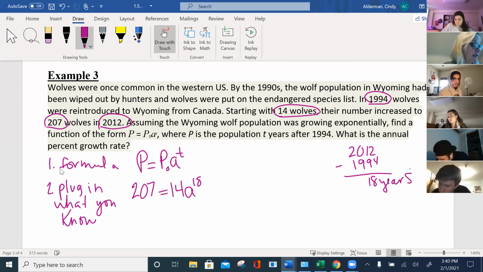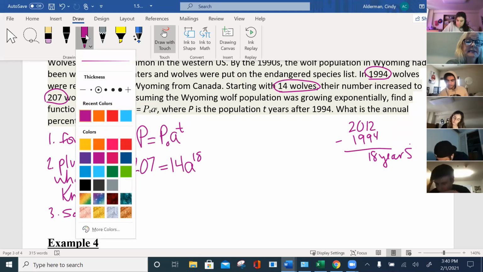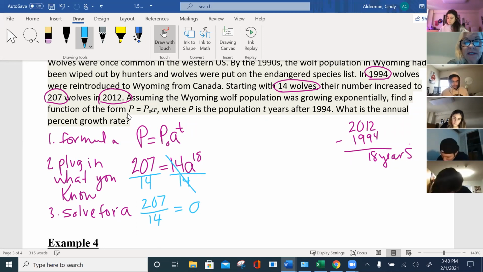Okay, so we plug in what you know. Then you're going to solve for A. So let's see, let's use our color coding here. Divide both sides by 14. And you get 207 over 14 is equal to A to the 18th power.